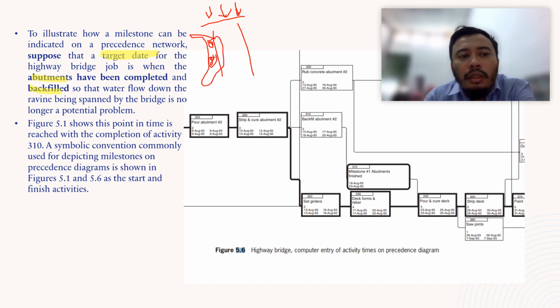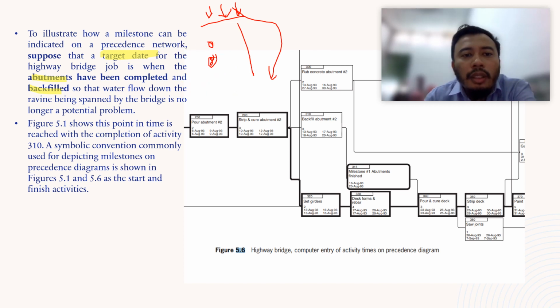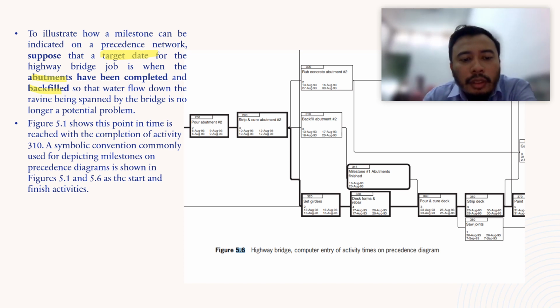Once this is completed, that marks an important aspect of the project. That's why in this example, the abutment and backfilling of the abutment have been set as the milestone.